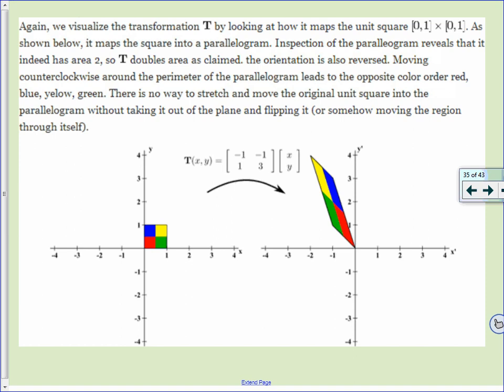Do you notice how the orientation is flipped? It goes from blue, yellow, green, red, going around clockwise, to blue, red, green, yellow, going around clockwise. So this must have been taken out of the plane and flipped through the transformation. So a negative determinant shows you that that has taken place. Any questions?